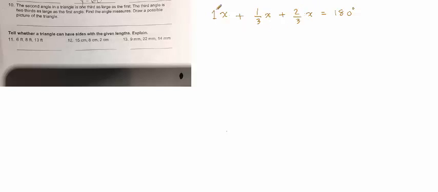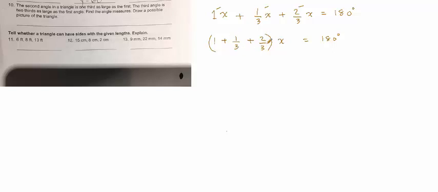So basically it's about adding these fractions up. 1 is not a fraction, but you can always write it down as a fraction, as 1/1. So this is going to be 1 plus 1/3 plus 2/3 of x over here, equal to 180 degrees.